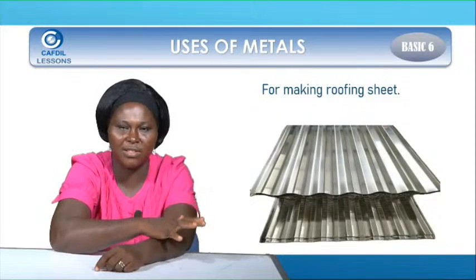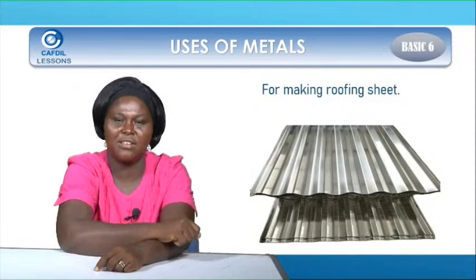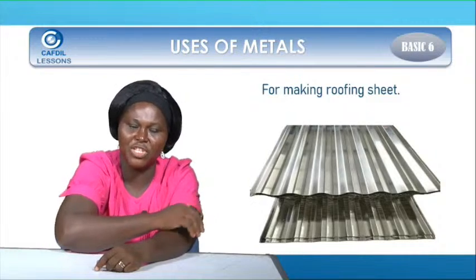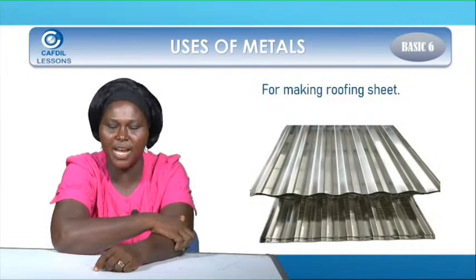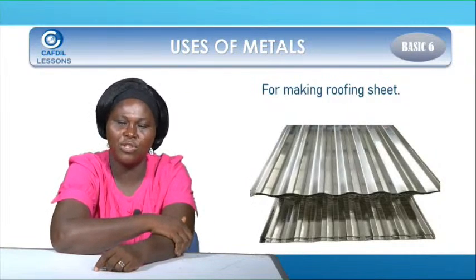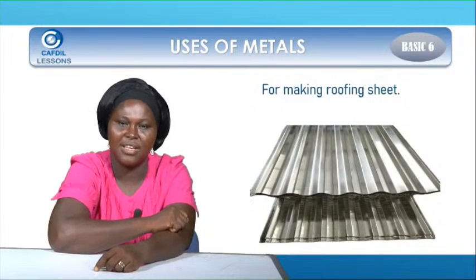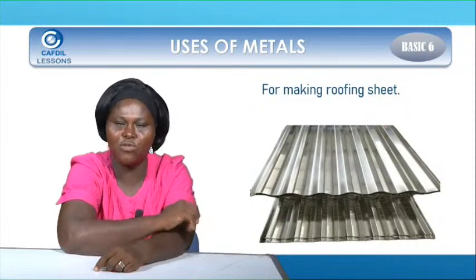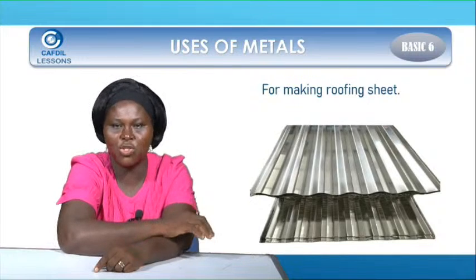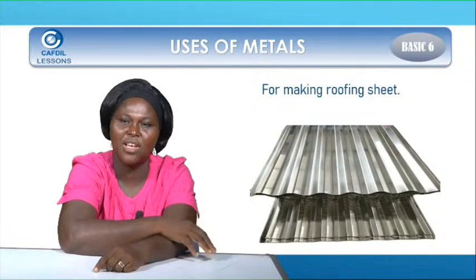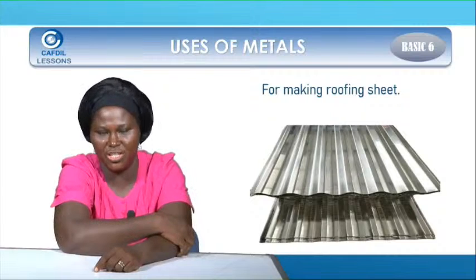Most of our houses are roofed with these roofing sheets. We use them so that rain will not fall on us and sun will not shine on us. So we use metals for making roofing sheets.